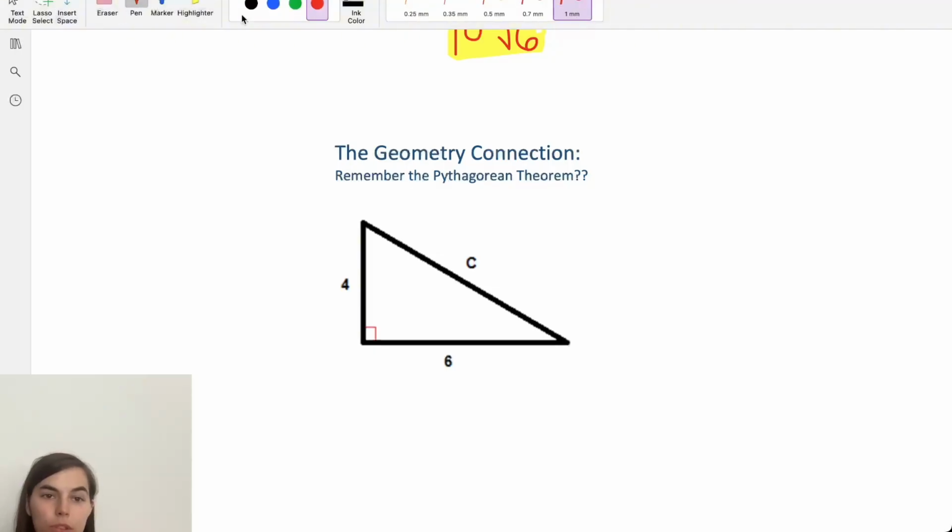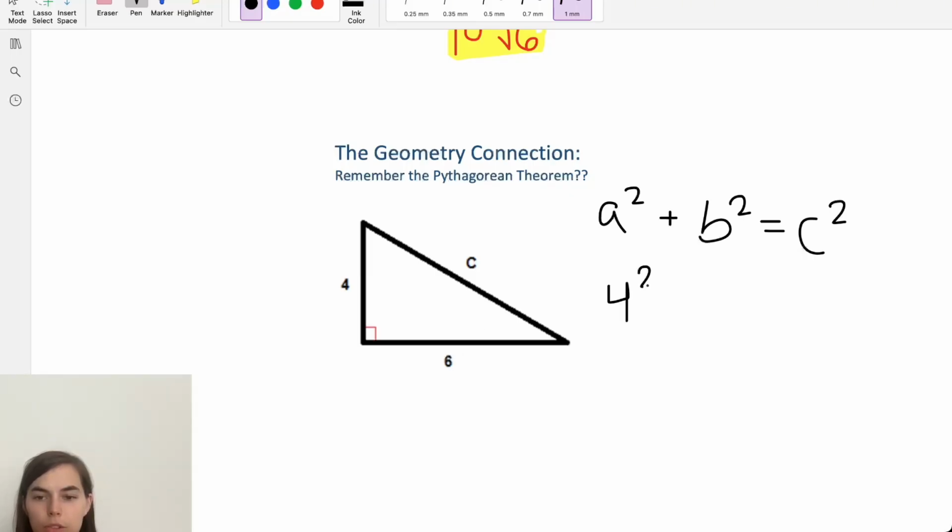Okay, how we would usually figure this out is Pythagorean Theorem, which is a squared plus b squared equals c squared. We know a and b are 4 and 6, so we can just put 4 in for a, 6 in for b. And then let's just simplify a little bit.